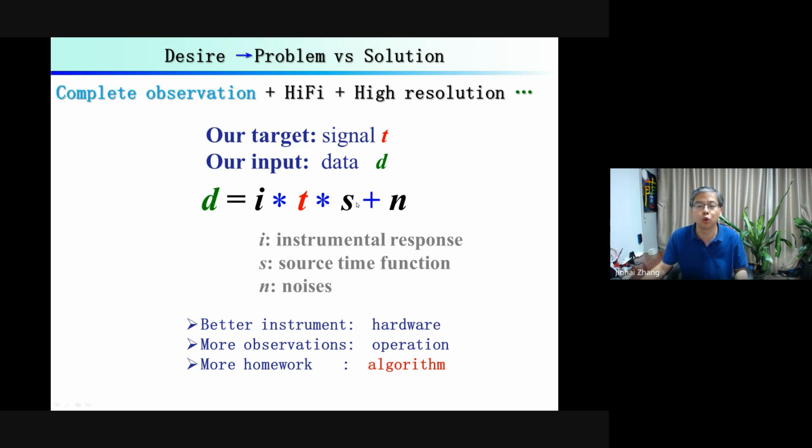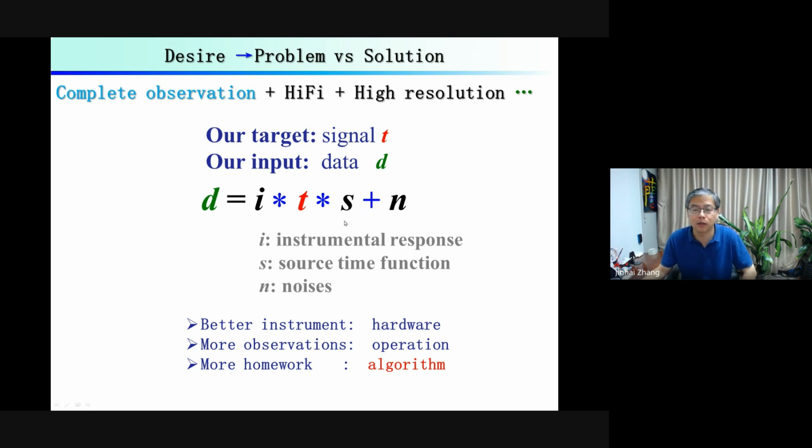The result is also convolved with the instrumental response I, because our antenna is not full pass band. That is the convolution of I, T and S, and also we will have noise, usually different kinds of noise.